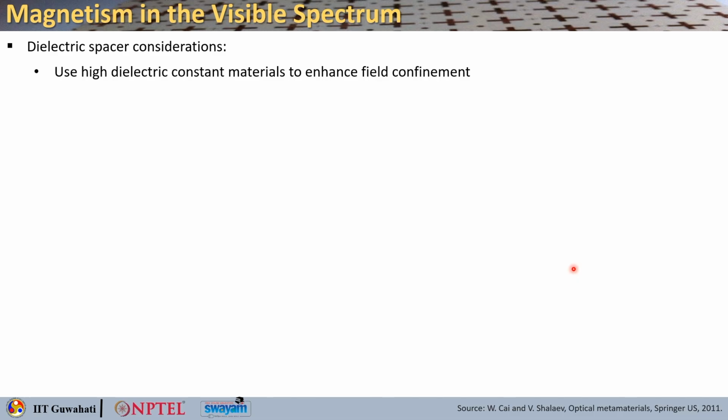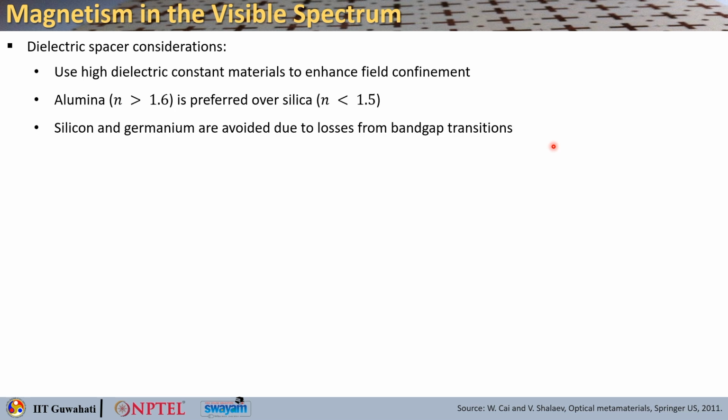Now, as for the dielectric spacer between the silver nanostrips, you have to choose a material with relatively large dielectric constant that can give you better field confinement. So, in the present structure, as you can see, alumina, which has a refractive index more than 1.6, is preferred over silica, which has a refractive index less than 1.5.